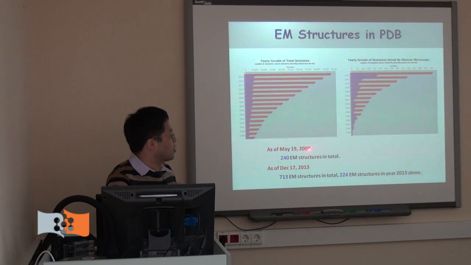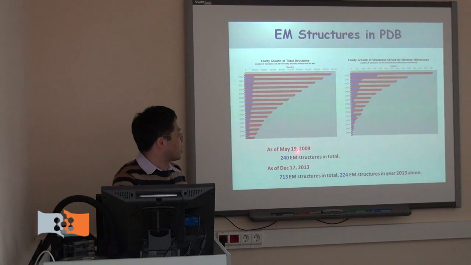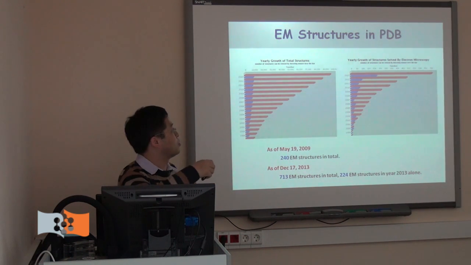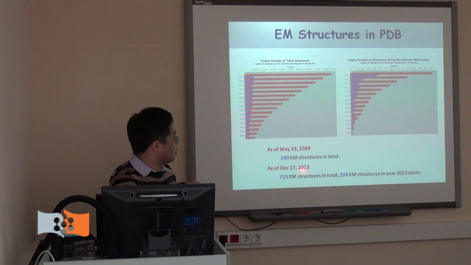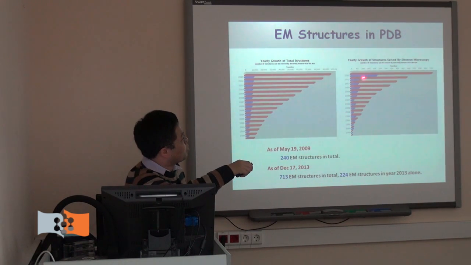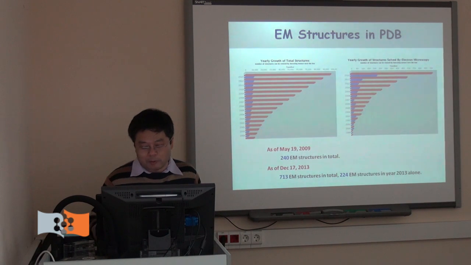When we started applying for a proposal in China, we found there were about 240 EM structures in total deposited into the PDB database. But as of today, there are more than 700, and for this year alone, more than 200 EM structures. You can see the tendency: it is getting more and more popular.